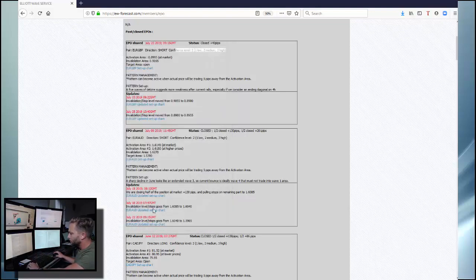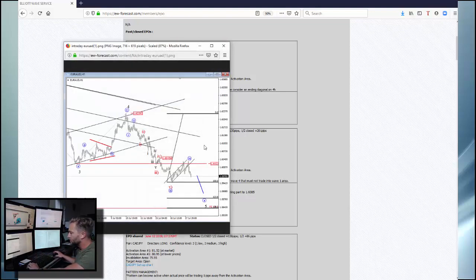And a few days later or a few sessions later, market made even lower prices. It fell very nicely below this old low, okay, and then reversed.